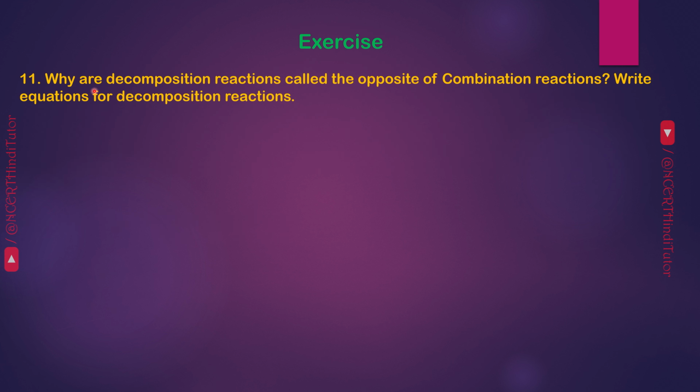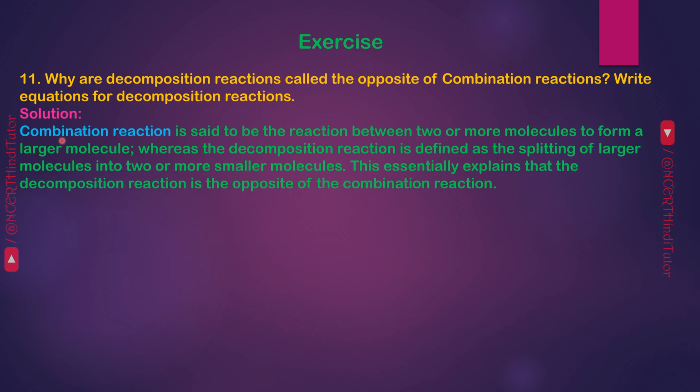Question 11. Why are decomposition reactions called the opposite of combination reactions? Write equations for decomposition reactions. Answer: a combination reaction is the reaction between two or more molecules to form a larger molecule, whereas the decomposition reaction is defined as the splitting of larger molecules into two or more smaller molecules. This essentially explains that the decomposition reaction is the opposite of the combination reaction.